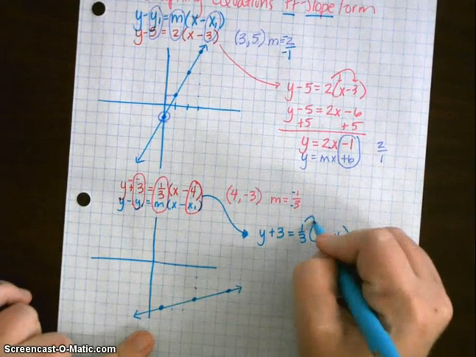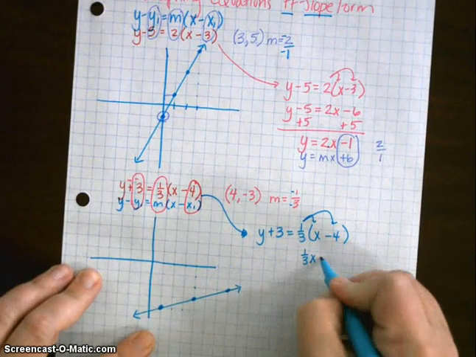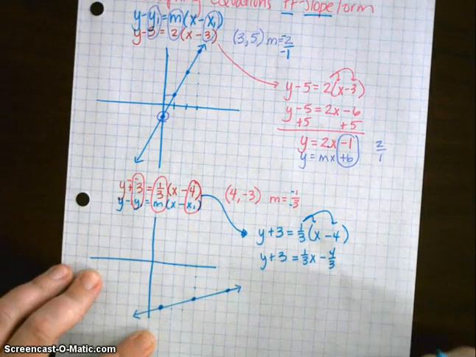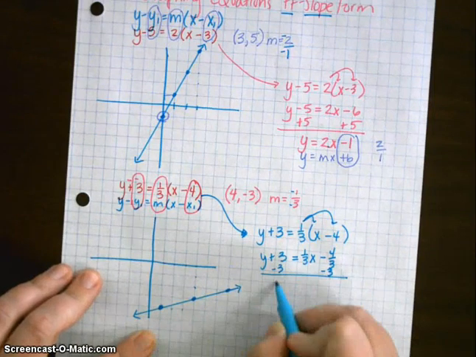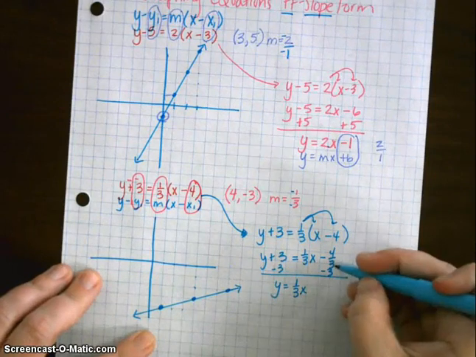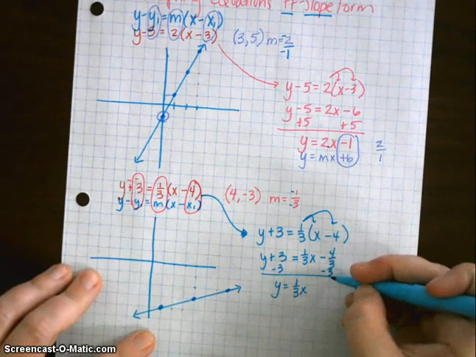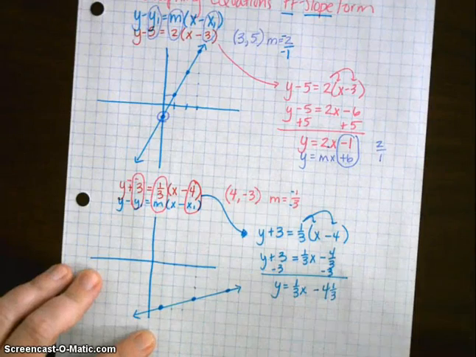So distribute, which would be 1/3 x minus 4/3 equals y plus 3. Then I subtract 3 from both sides. So y equals 1/3 x, and here this is a negative 1 1/3 minus 3 again is a negative 4 1/3.